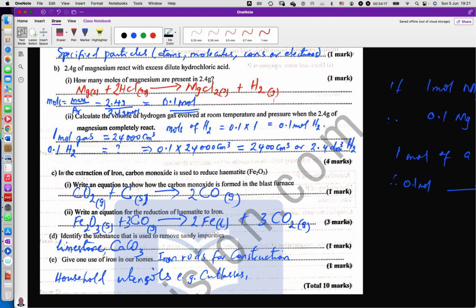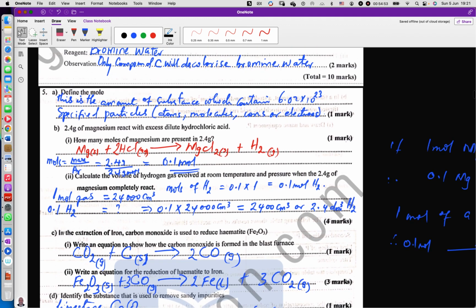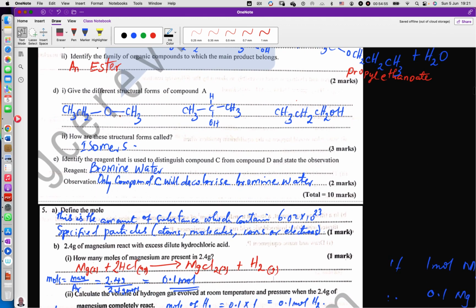The relative atomic mass of magnesium is 24.3, but if it has been given as 24, no problem.